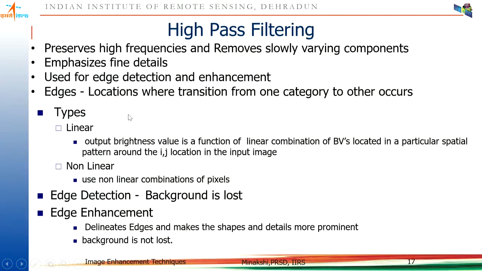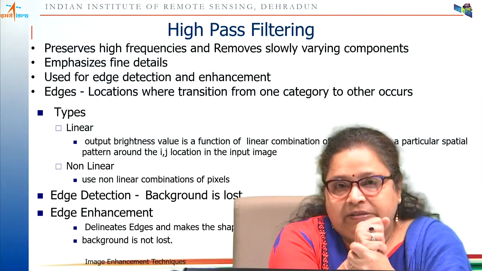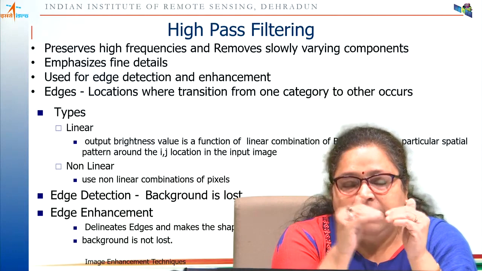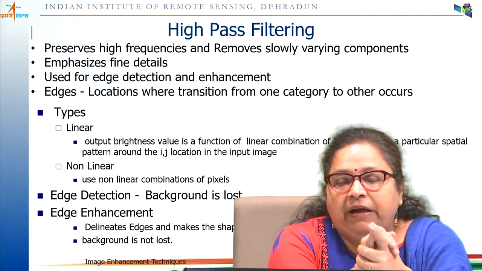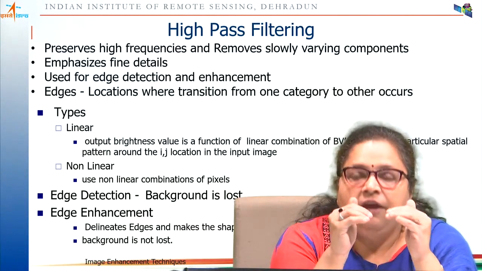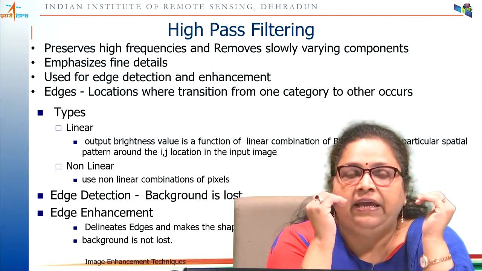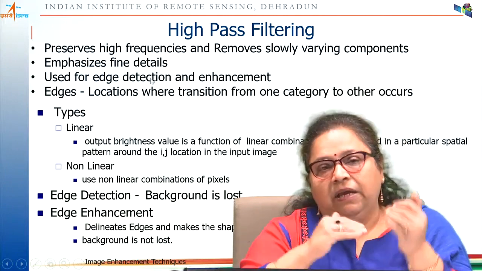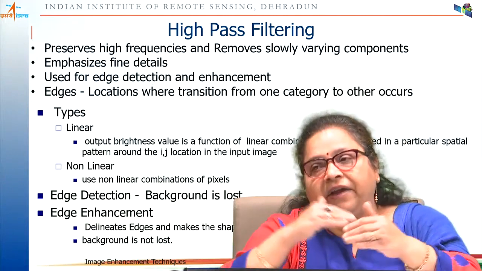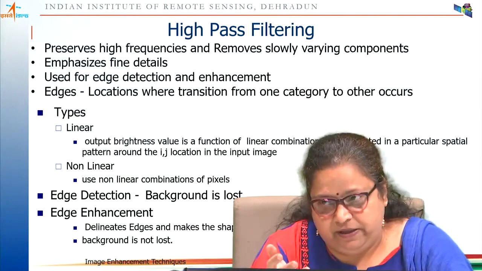Then high pass filtering will allow only high frequencies to pass through it. It will block all the low frequencies. Right? So that means high frequencies occur at the boundaries. That means high pass filtering is done for edge detection and edge enhancement. And you know what I mean by edge, that means the DN values where transition takes place from one class to another.